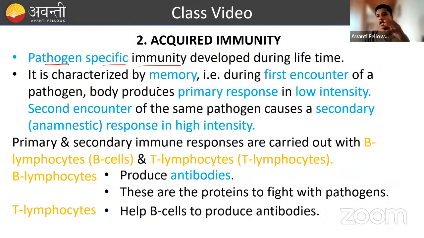For this immunity to develop, unlike innate immunity, which is God-gifted, like we have skin, we have cells, and we have some physiological modifications that protect us irrespectively, acquired immunity develops not by birth but over the course of a lifetime: the environment I live in, the food that I eat, how much I interact with different environments, the type of water I drink, and the community I live among.